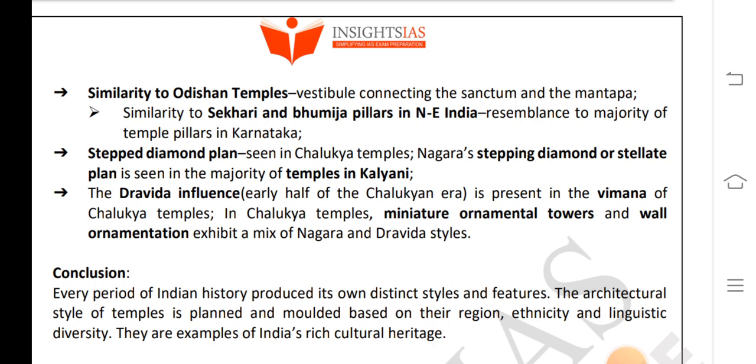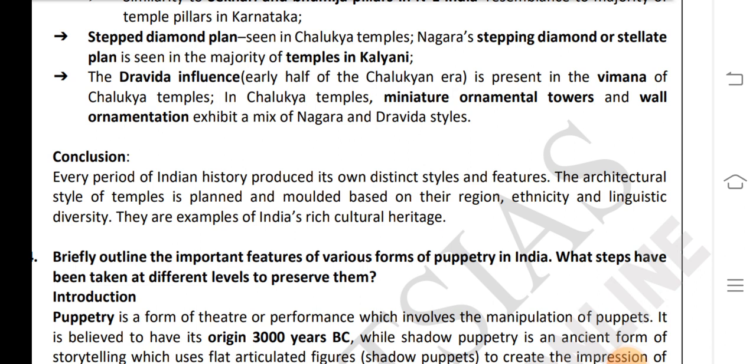Vesara style of architecture is an influence of the Nagara and Dravidian styles. Similar to the Nagara, a square shrine plan and subordinate shrines in the Panchayatana style. Similar to Odisha temples, vestibules and connecting sculptures, the spectrums and the mandapas, and similarity to the Shekhari and the Bhumija and the pillars in northeast India.